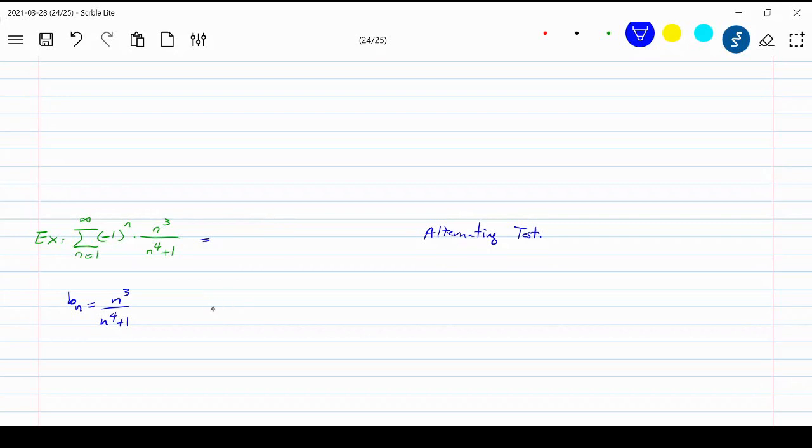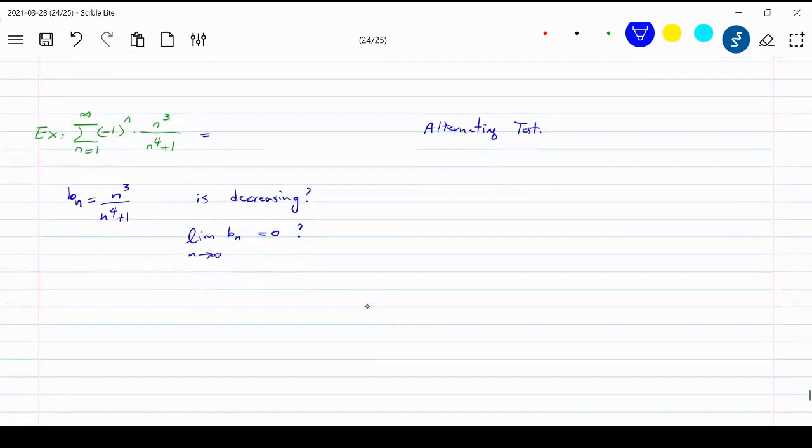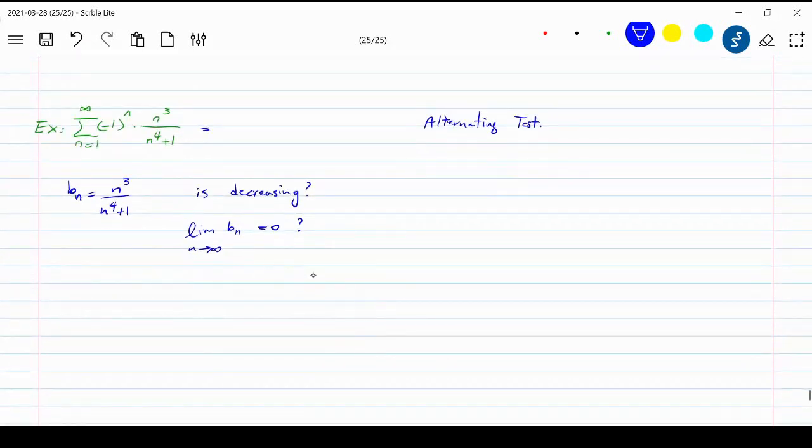We just needed to find out if this is decreasing, and also, does the limit of Bn as n approaches infinity equal 0 or not? If we show these two, then we can say the series is convergent. If we couldn't show one of them, then we can say the series is divergent. So basically, we need to figure this out.